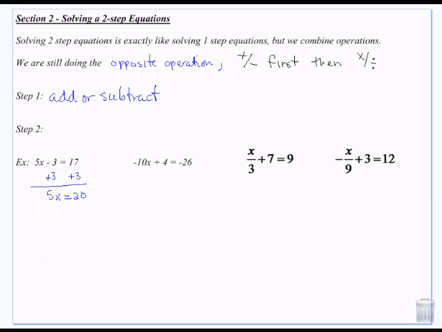Okay, and then step 2 is to multiply or divide. They multiplied, so I'm going to divide. Good? Okay, they added, so I'm going to subtract.